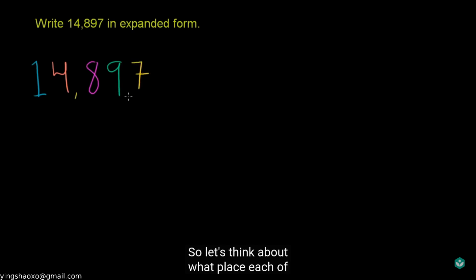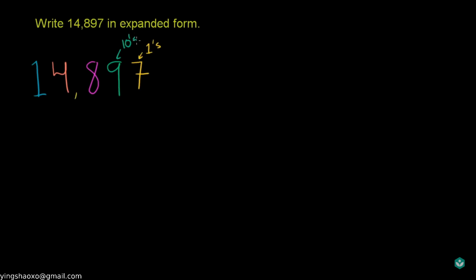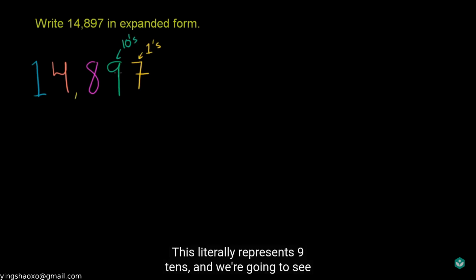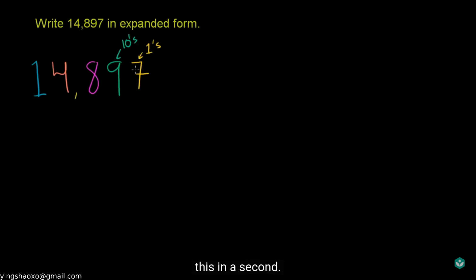So let's think about what place each of these digits are in. The 7 is in the ones place. The 9 is in the tens place. This literally represents 9 tens, and we're going to see this in a second. The 8 is in the hundreds place.